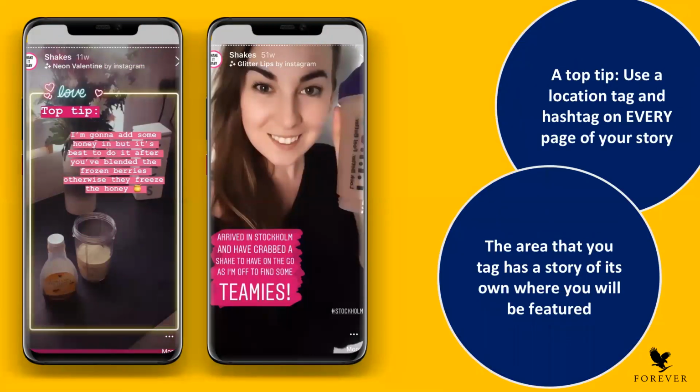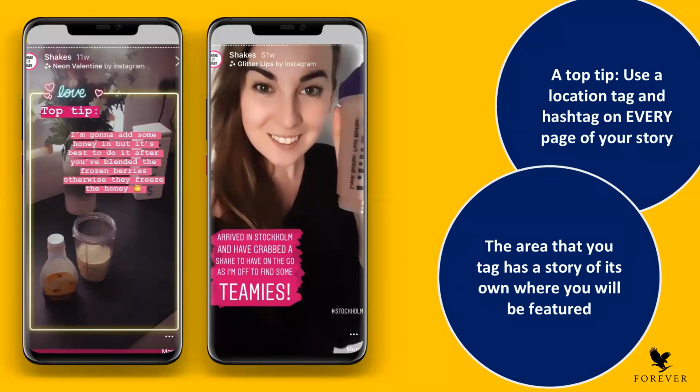So make sure that you use the location tag and a hashtag on every single page of your story, because that's going to make every page of your story searchable, and it's going to make sure that you're featured then on other people's pages.